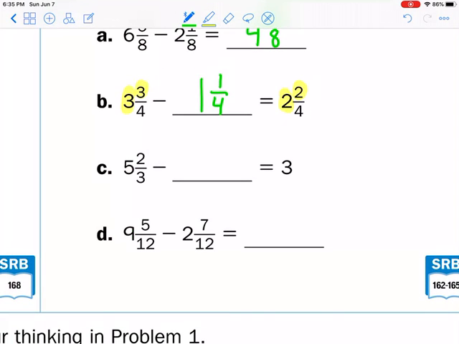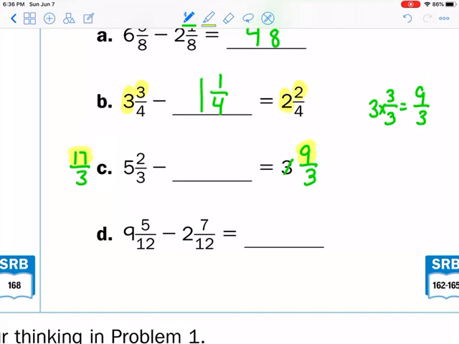Okay, you're going to do the same thing for C, but my advice is to change both of these to an improper fraction. So if I did this, it would be 5 times 3, which is 15, plus 2, which is going to be 17/3, and 3 would be the same as 3 times 3/3, which would give you 9/3.